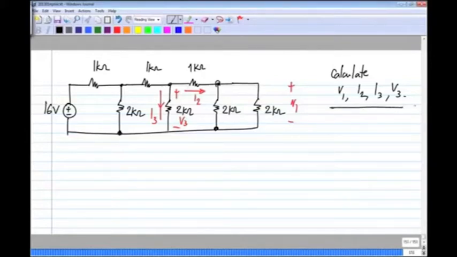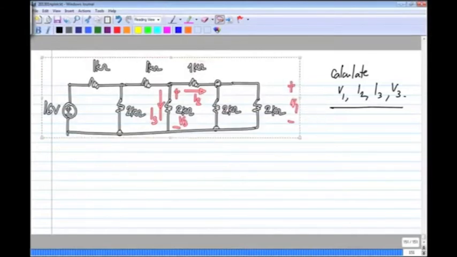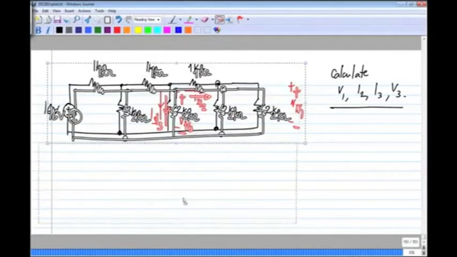So please take this up as an exercise and do the analysis before the next lecture. And to illustrate superposition, you can also try this.